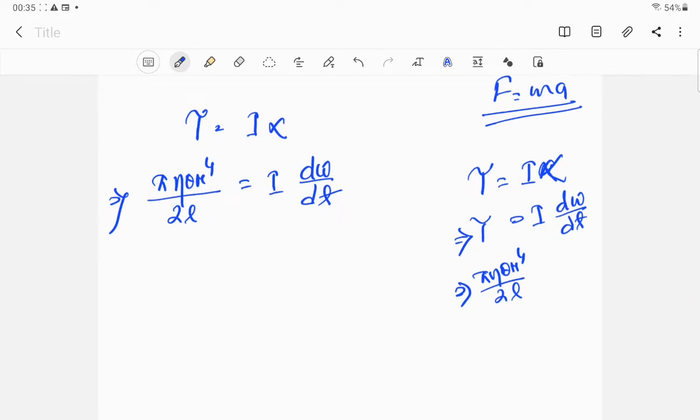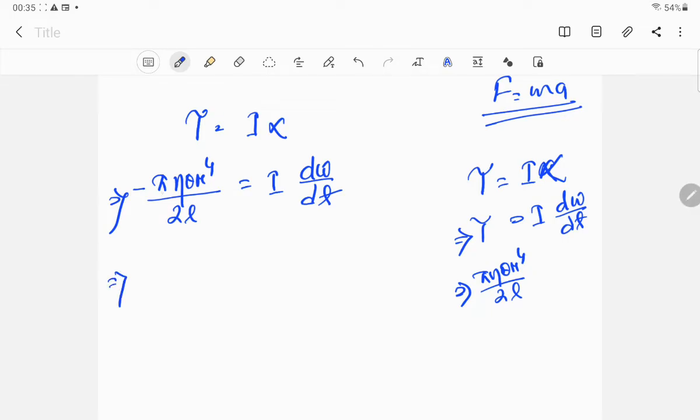Now I must introduce a minus sign here, because it indicates a restoring couple. Because of elasticity, everybody tries to regain its original configuration after removal of the deforming force. Similarly, whenever you apply some deforming couple, it will also produce some restoring couple. It is in the opposite sense, so that's why we are writing the minus sign.